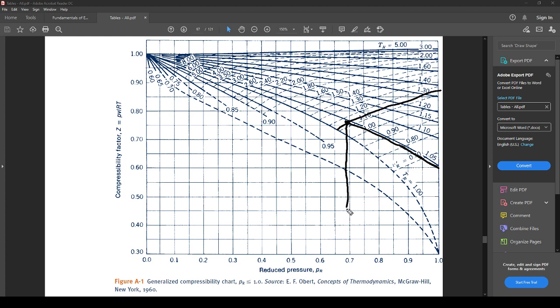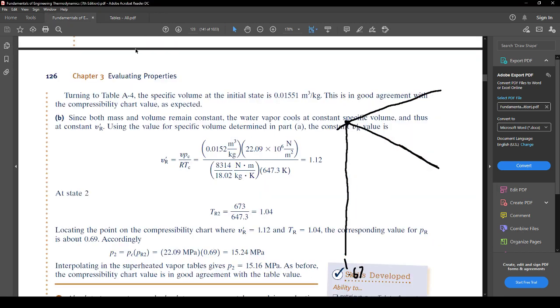Once again, straight line, you're going to have to use your imagination. And you end up right here, which I would say is like 0.67 or 0.68, something like that. I don't know what they got. I probably said it already, but let's see what they got. They got 0.69, so we're right there with them, right? So 0.69 is what they found using the table like I just did.